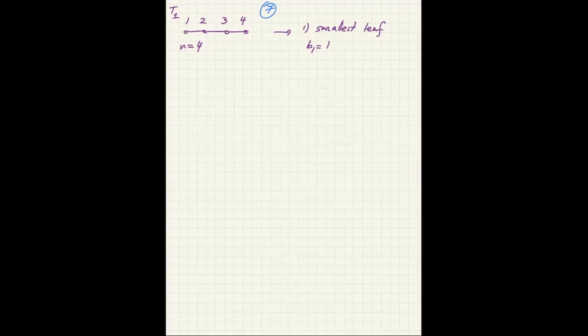And now I define the first entry in my Prufer code, the A1 entry, as the neighbor of B1. Okay. So first we look at the smallest leaf, which is B1. It's this vertex here. And then A1 is the neighbor. So maybe I do the B's here and the A's under it.